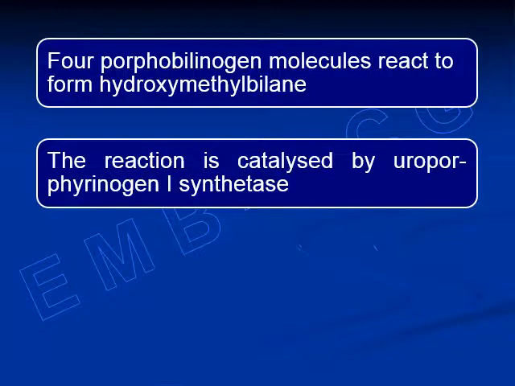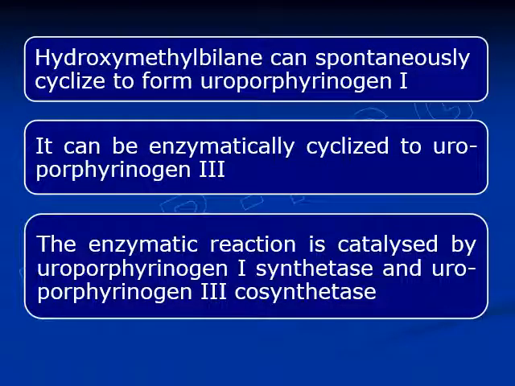And as it happens, when the porphobilinogen reacts with hydroxymethyl bilane, then it can spontaneously form uroporphyrinogen 1. This is catalyzed by the enzyme called uroporphyrinogen 3 co-synthetase. So basically the whole enzymatic reaction includes two enzymes, uroporphyrinogen 1 synthetase and uroporphyrinogen 3 co-synthetase.